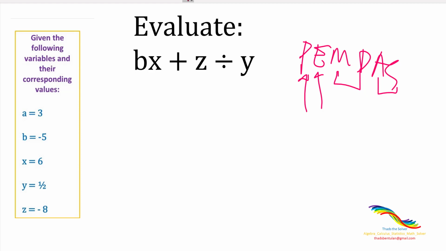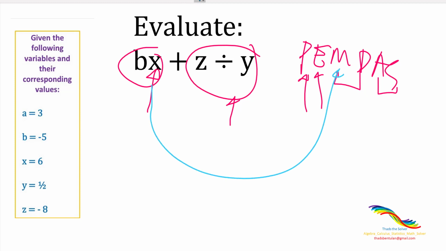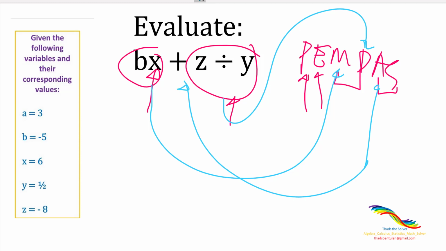So in this case, we have to do multiplication first, and this one, division. See, look at this, multiplication, and then this is division, and then addition, the next step. We have to do this last. So this is our first step, second step, and then the third step.